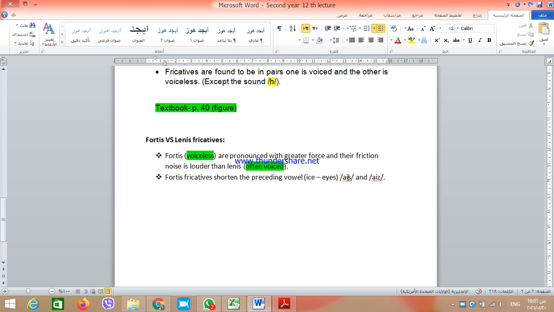The one that is followed by the Fortis s, while the Lenis z causes a lengthening in the preceding vowel. So the 'i' followed by s is going to be shorter than usual, and the 'i' followed by z, which is a voiced sound, is going to be longer than usual.